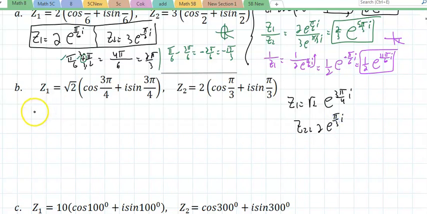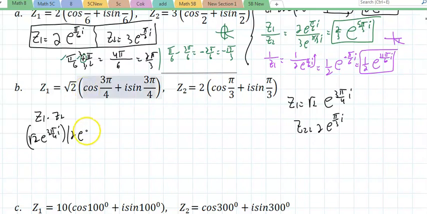Now if I say I want to find Z1 times Z2, well, that's simple. That's radical 2e to the 3 pi over 4i times 2e to the pi over 3i. And that's going to be 2 radical 2e.